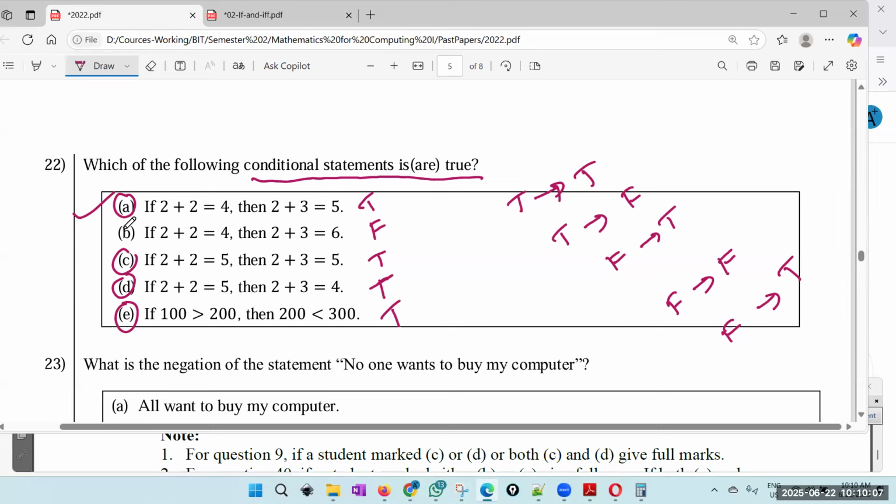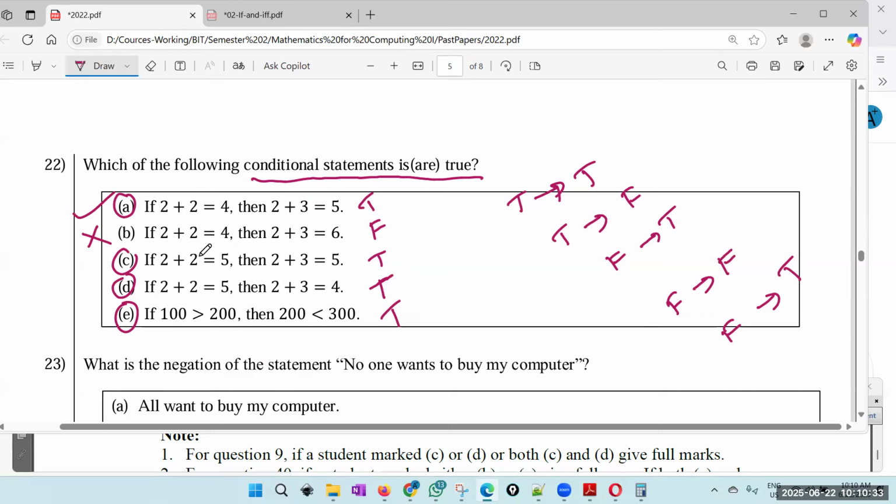Yeah, this is definitely not an answer for me, but these are the debatable ones because these are false. This is false, this is false, this is false. When this is false, this is true, right? But according to the truth table, false implies false or true or whatever is true.